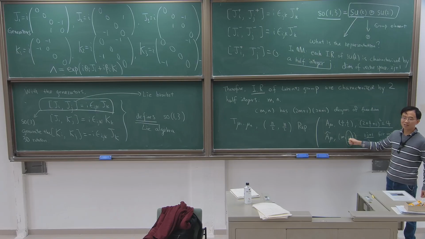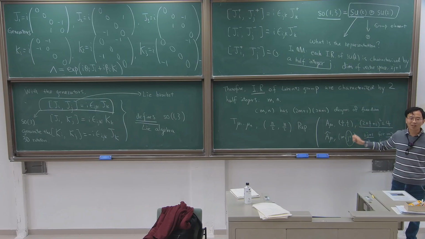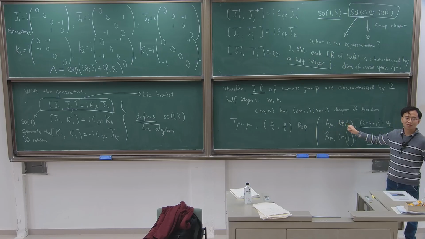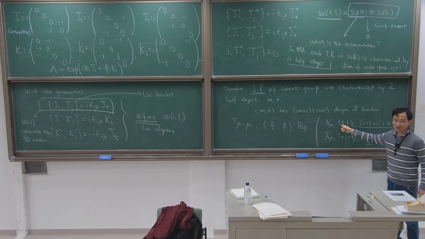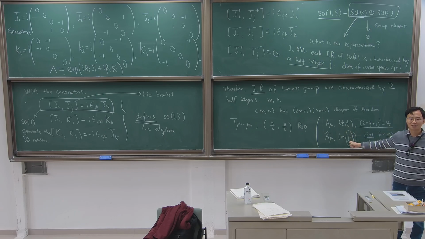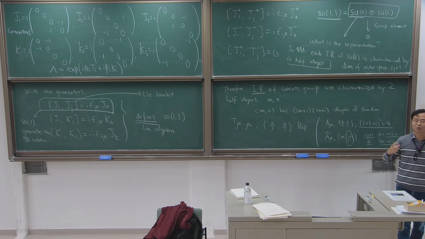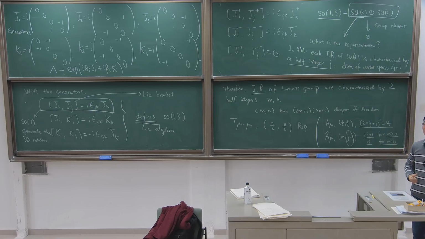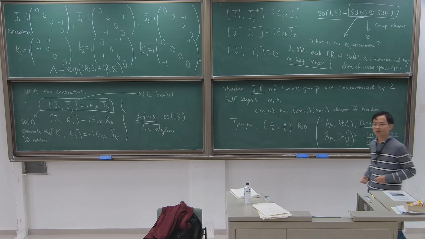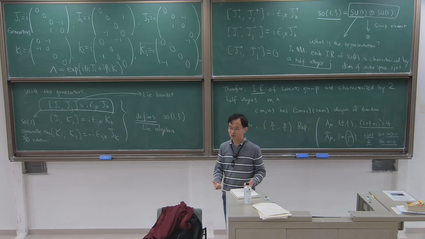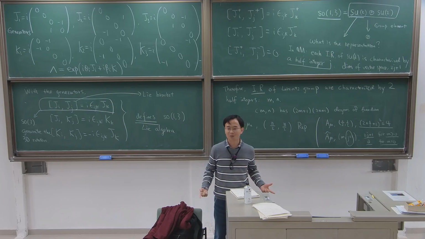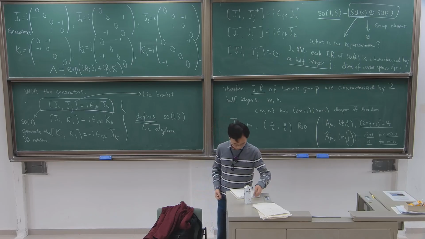So the spin in Wigner's classification is actually the spin of these two SU(2)s added up, because this is half plus half, which equals 1 here. This is the relation. Because now we have 2 copies of SU(2), each has a spin quantum number. But if you talk about the physical spin for the Lorentz group, such as in Wigner's case, you should add up these 2 spin quantum numbers. This is the relation between these 2. But again, as I said, the classification is completely different.